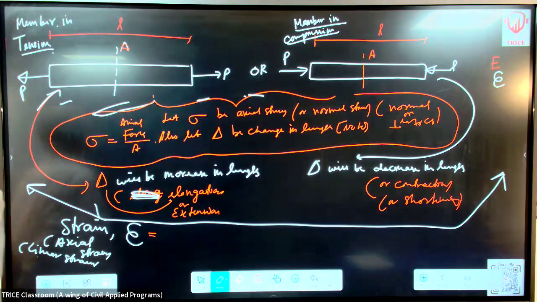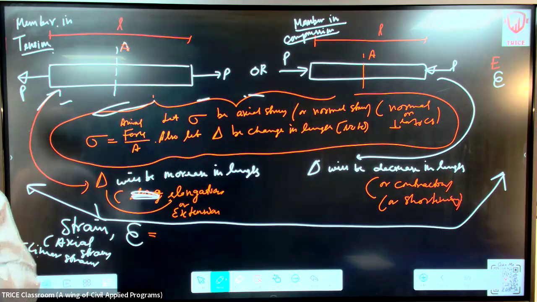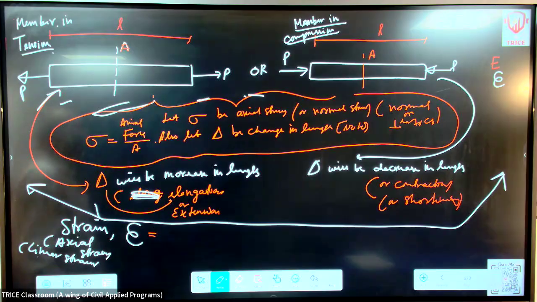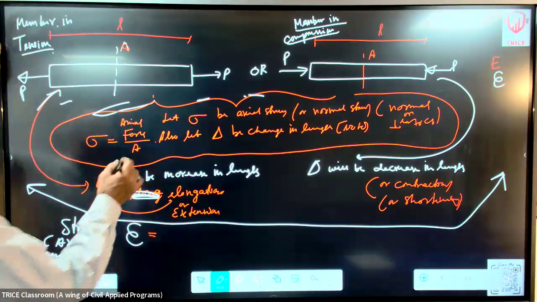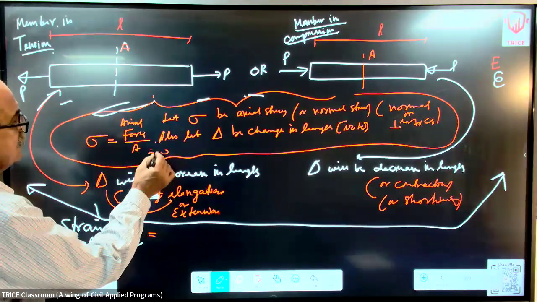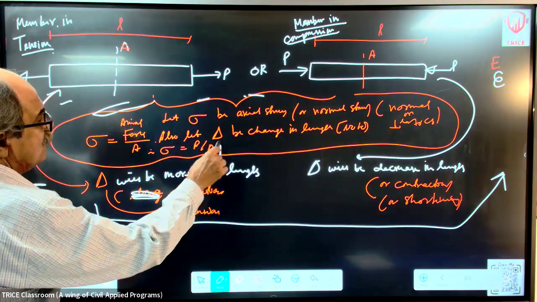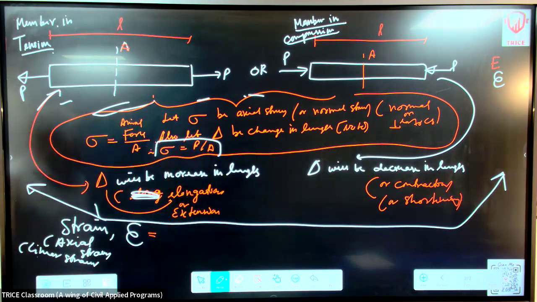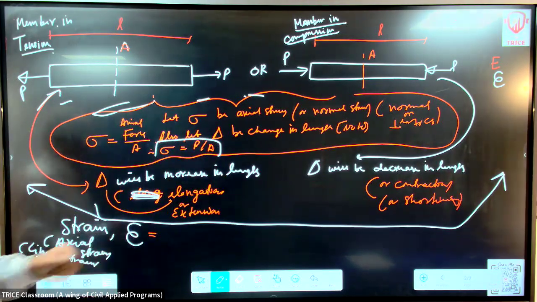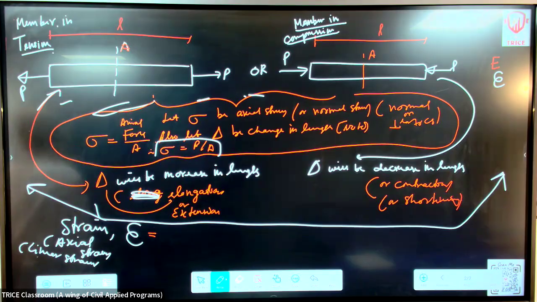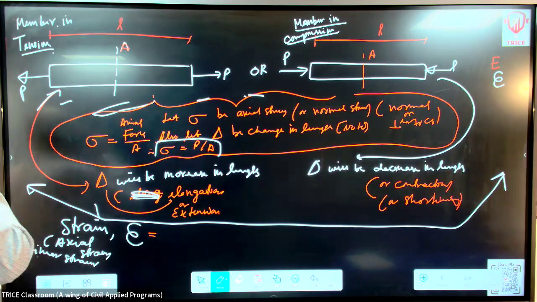The strain is the ratio of, you should write here, there is no space to write. I am dictating, you should write. Earlier: stress is the force per unit area. I forgot to write it right there: sigma equal to P by A, the common data. In the same way, strain is the ratio of change in length to original length.